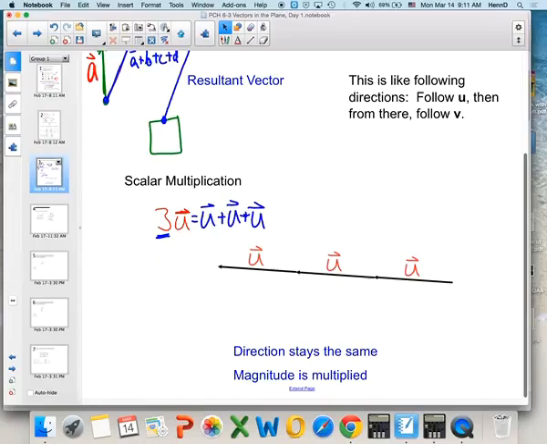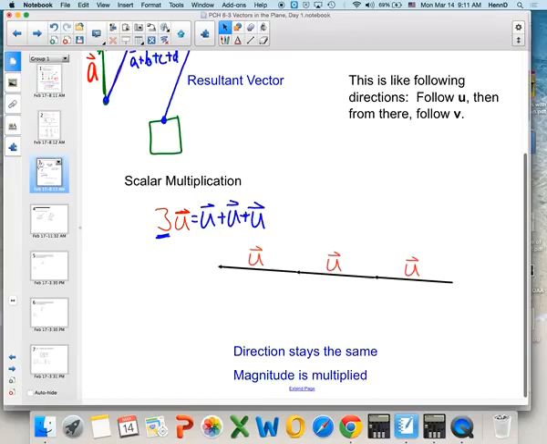So let's say u had a magnitude of 5 to begin with. How could I make the vector have a magnitude of 1? Divide by 5. So multiply by 1/5. Technically, there's no division by a scalar, so yes, we multiply by 1/5.